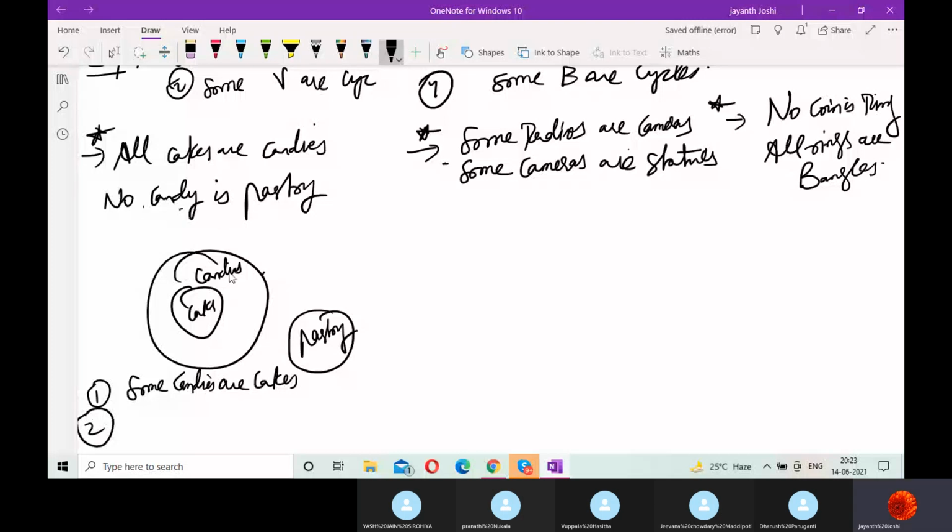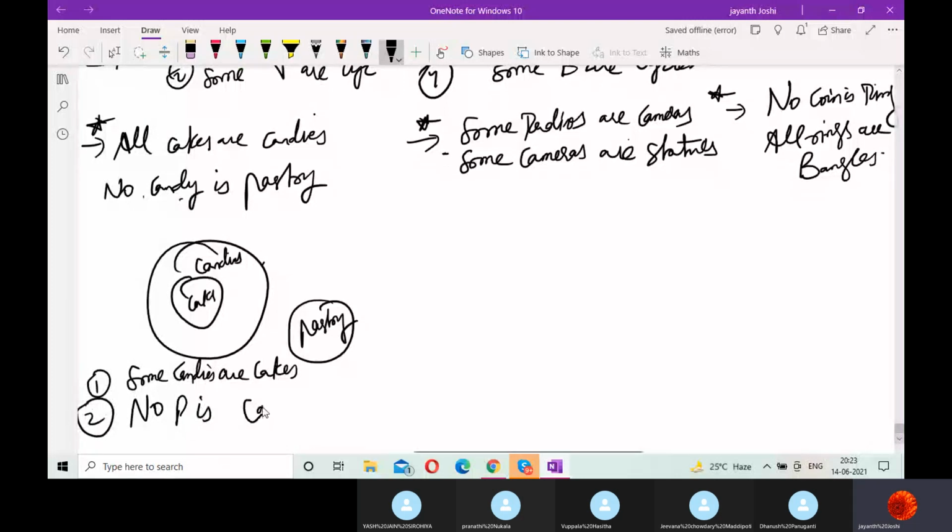No candy is a pastry, so no pastry is a candy. Here no cake is pastry and no pastry is cake. Okay, there is nothing common. No pastry is cake. So this is the first one.